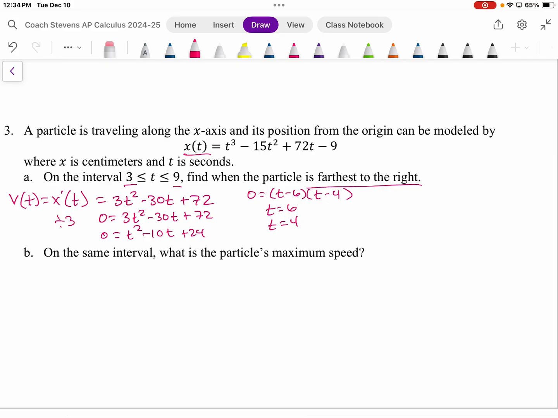So now what I need to do is figure out what x of 3, x of 4, x of 6, and x of 9 are. I need to test the endpoints and the two critical points that I just found. Okay, and eventually that's going to pop up on the screen there.